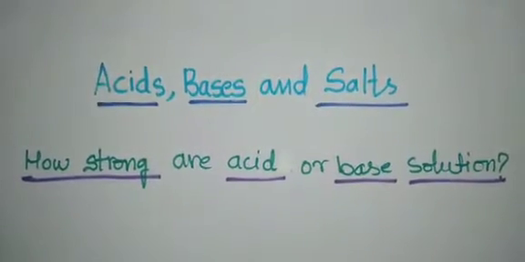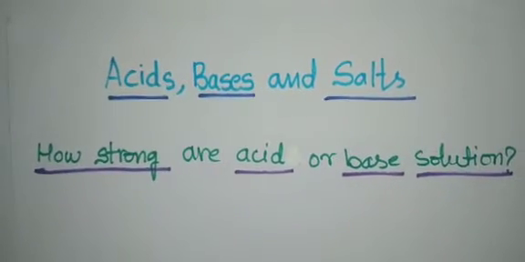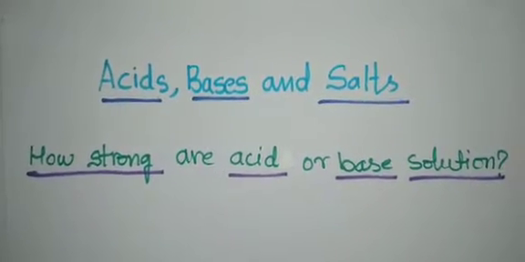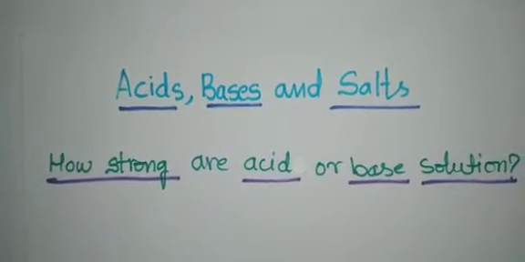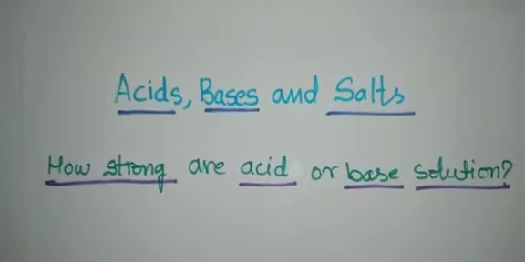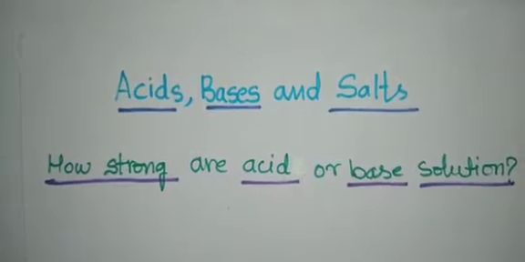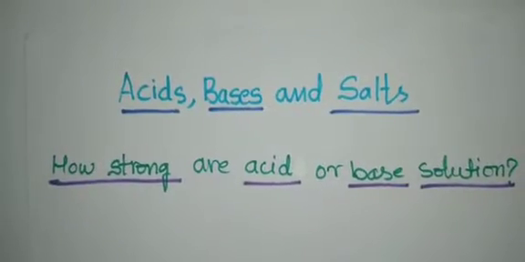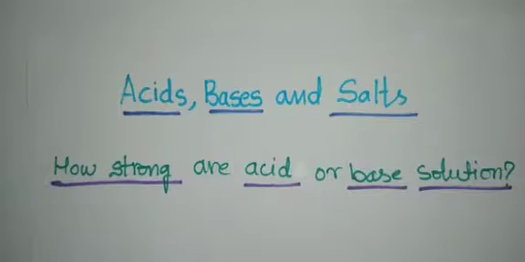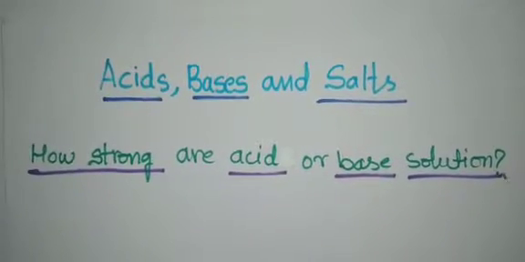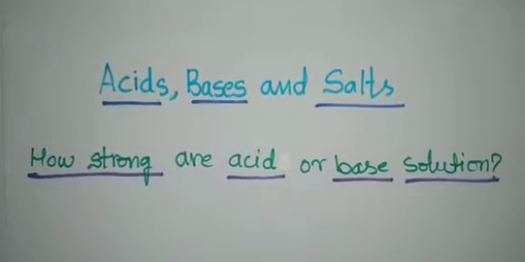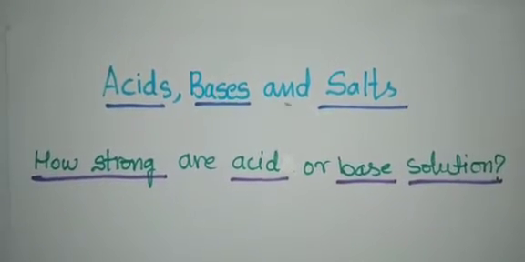So what we have learned, that is H plus ion or OH minus ions in the solution, that is quantitative. So we can quantitatively find the amount of these ions present in a solution. And now can we judge how strong a given acid or a base is? So we have to analyze and identify how acidic or how basic the solution is.